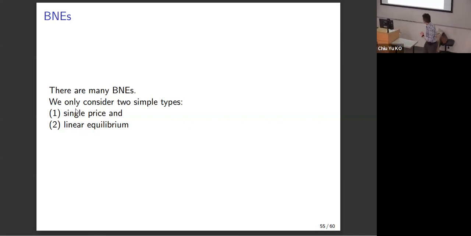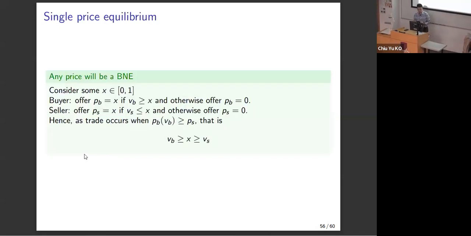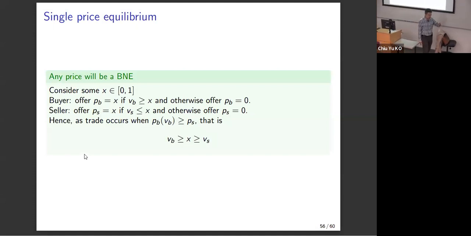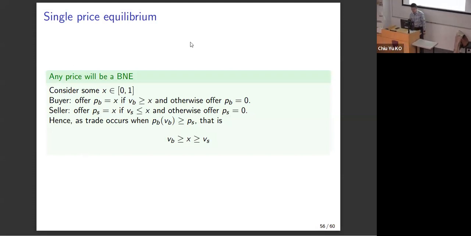Okay, so the single price equilibrium is very simple, and you just say there's a single price. It's like later you will see today we call pooling equilibrium. Every type we just choose one point. So in this diagram, it just means a flat line.